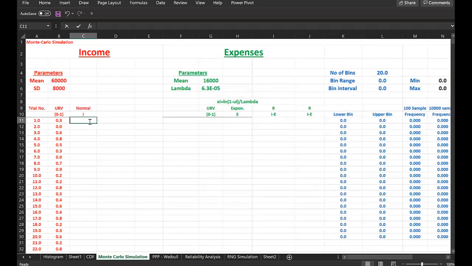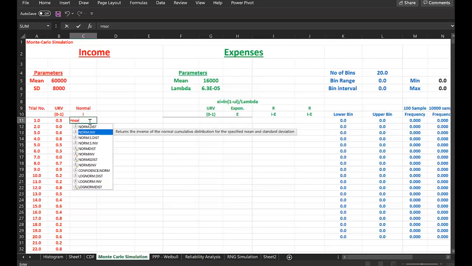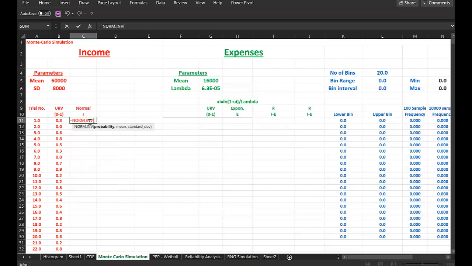So I can write equals NORM.INV, Excel has this function, then press the tab key. The probability is here, and what is the mean? The mean is this one and the standard deviation is this one. Then I press enter, and let's freeze these two terms.